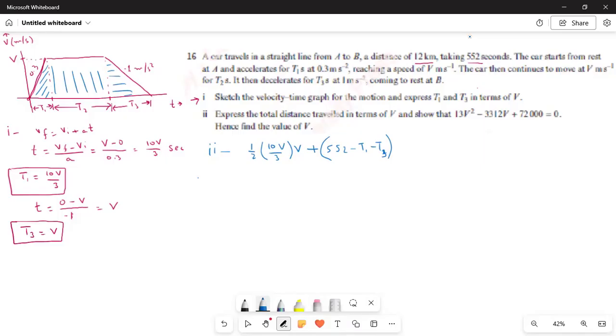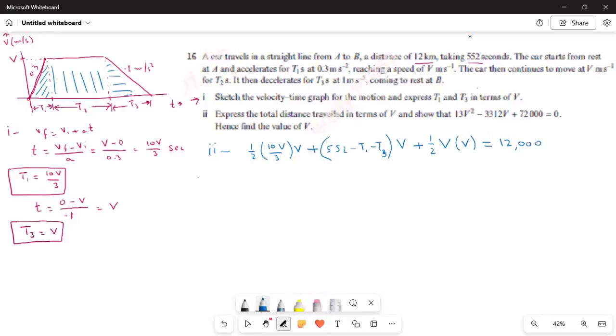So this will be t2 into v, the area of the middle rectangle, plus the area of the last triangle, which is half, t3 is v, and height is again v. This whole thing is equal to the total, 12 kilometers or 12,000 meters.